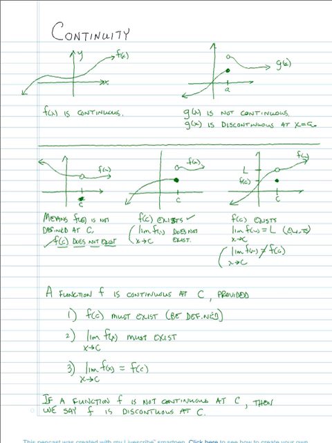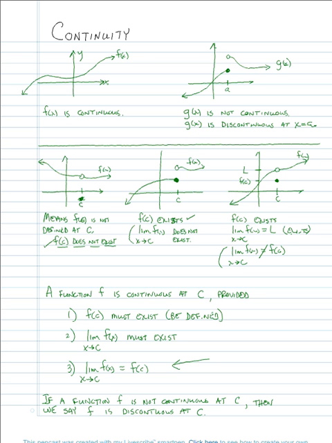So one more thing I want to say before we leave this page is, if you look at this third condition, remember when we were calculating limits by the substitution method? Well, that's really what this is saying, that the limit of f of x as x approaches c would be the number we get if we replace x with c, if we substitute a c into the formula. And so this actually says that calculating the limit is easy.